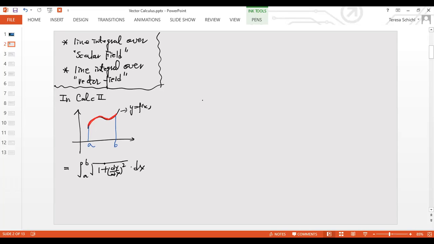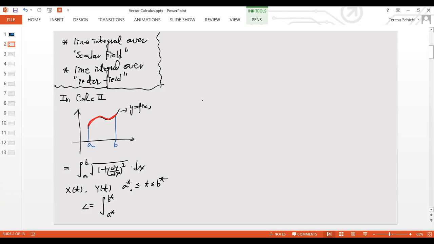Or, the same way, if you change this into parametric form, where x is some function x(t) and y is some function y(t), you can do the same thing. The length of the curve will be the integral from a star to b star, where t goes from a star to b star.